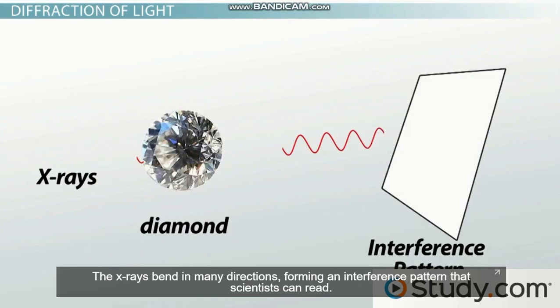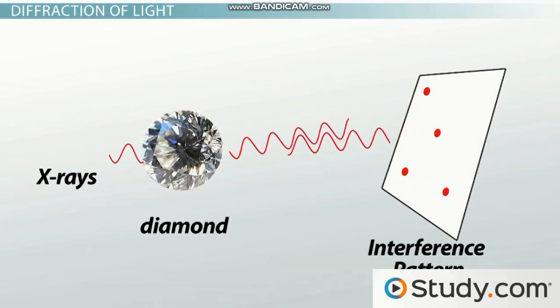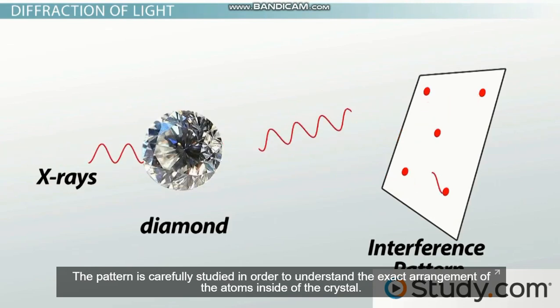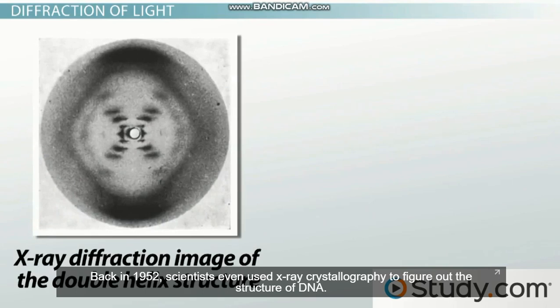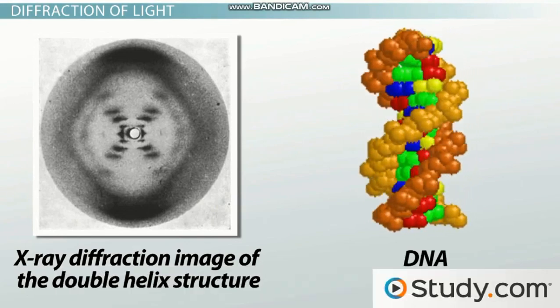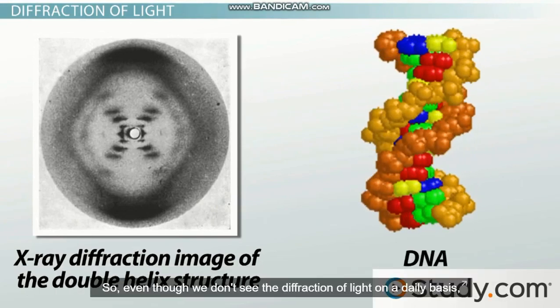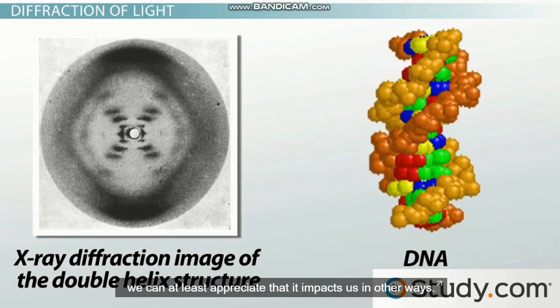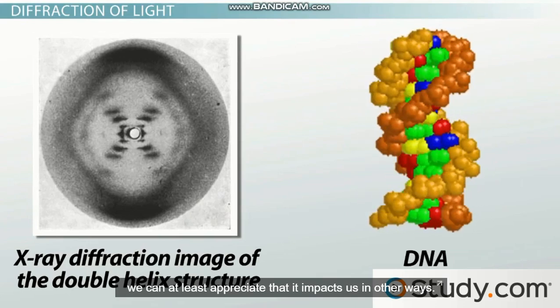The X-rays bend in many directions, forming an interference pattern that scientists can read. The pattern is carefully studied in order to understand the exact arrangement of the atoms inside of the crystal. Back in 1952, scientists even used X-ray crystallography to figure out the structure of DNA. So even though we don't see the diffraction of light on a daily basis, we can at least appreciate that it impacts us in other ways.